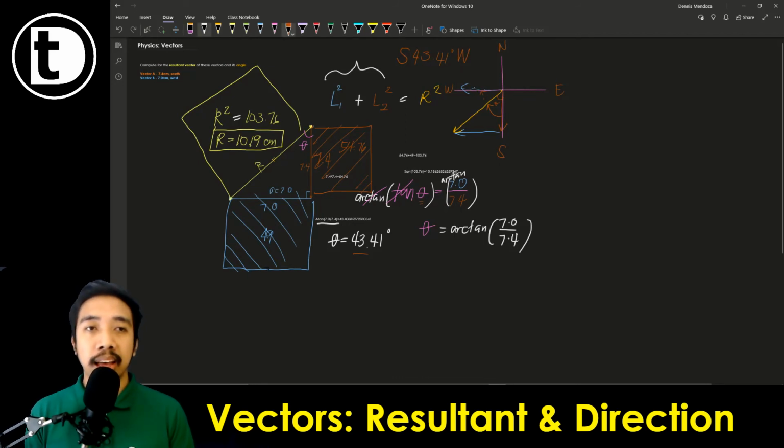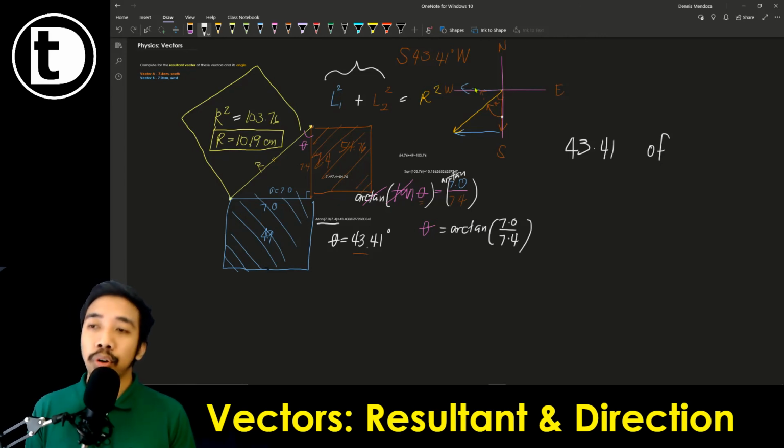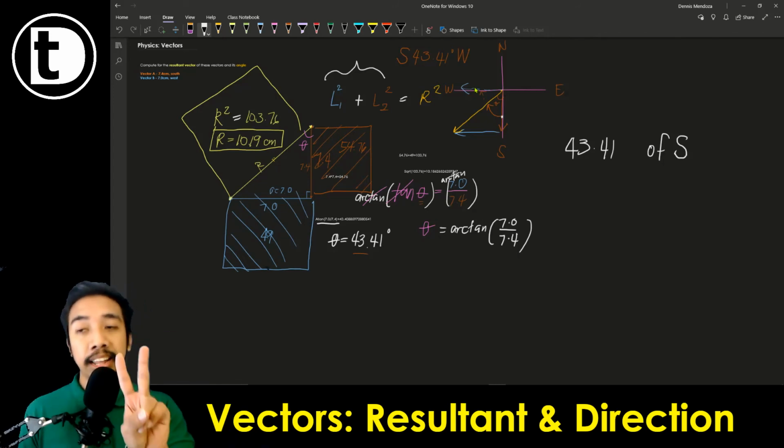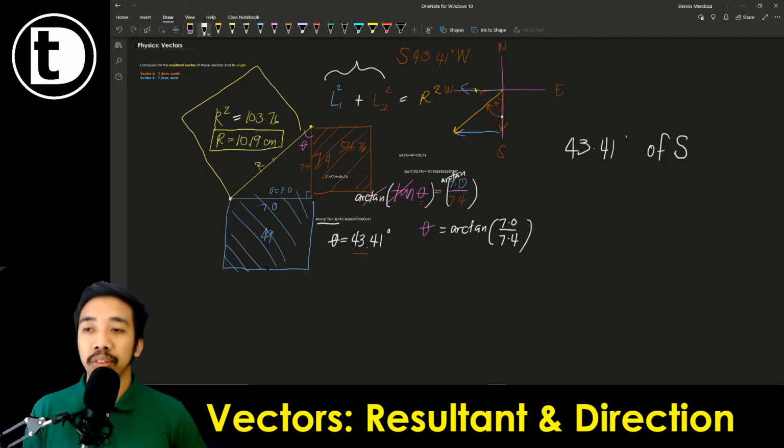We can rewrite this as 43 degrees 0.41 then "of". Usually, the second one is where it came from. It came from the south, so you place the south here, the second letter. Then west, since it's going to the west. So 43.41 west of south, whichever is the origin. Again, the second letter indicates where the angle started.